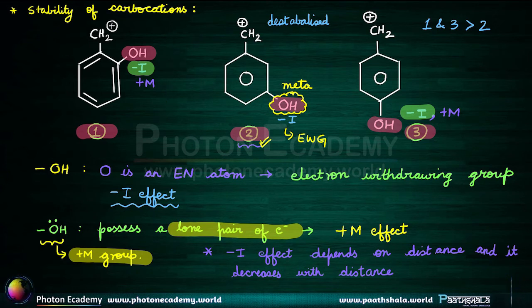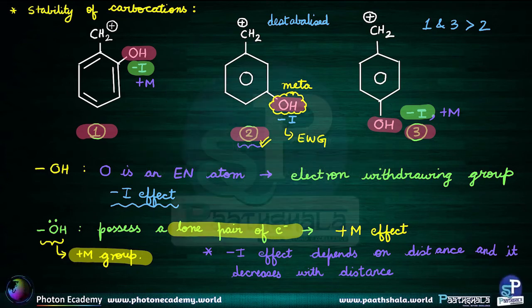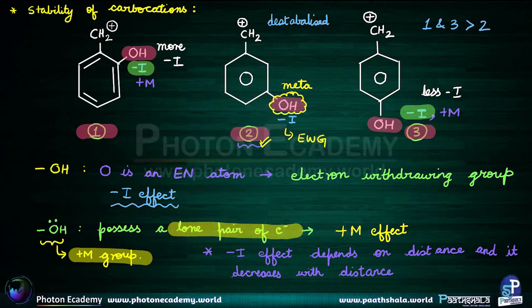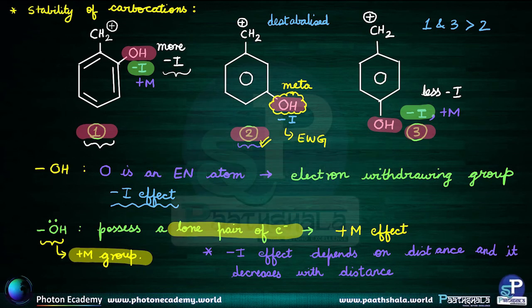So this will have more minus effect and this will have less minus effect. So OH is showing more minus effect in case 1. More the minus effect, the more is the electron withdrawing nature and the more is the destabilization. So we can see that the first one is more destabilized than the third one.